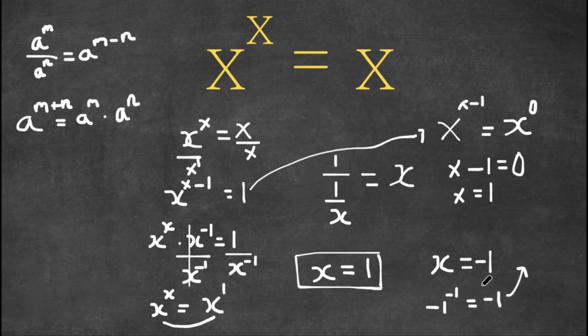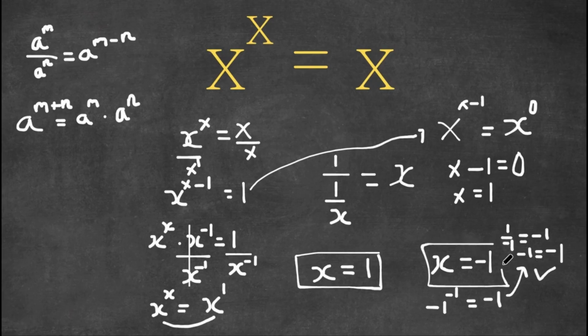Negative 1 to the power of negative 1 is simply 1 over negative 1, and this is equal to negative 1. So negative 1 equals negative 1. So this is right. So x equals negative 1 is also a solution to this equation.